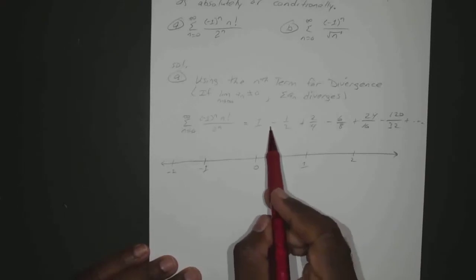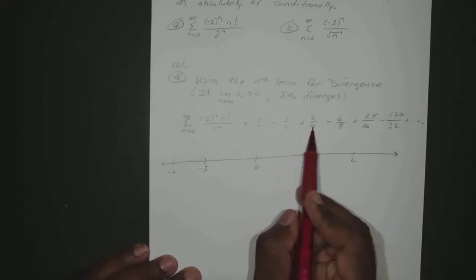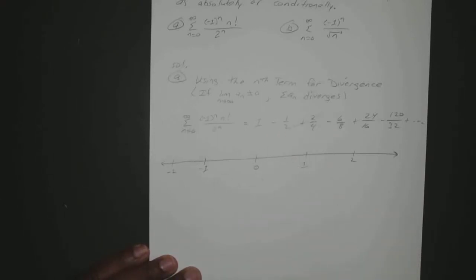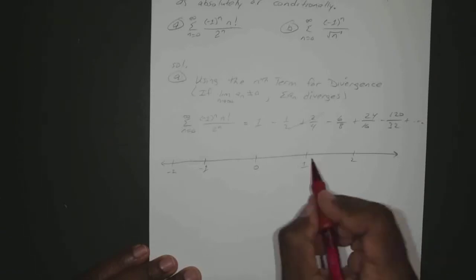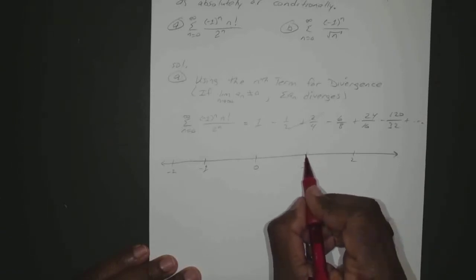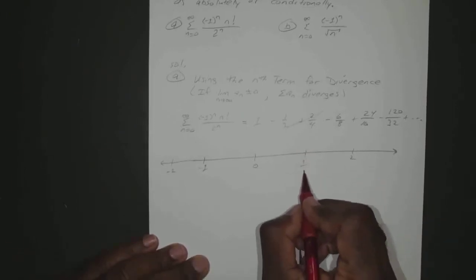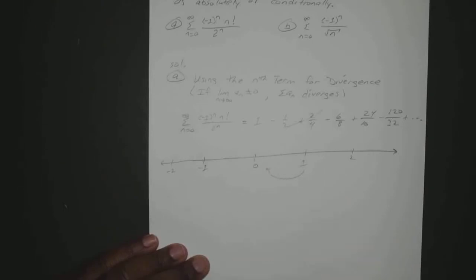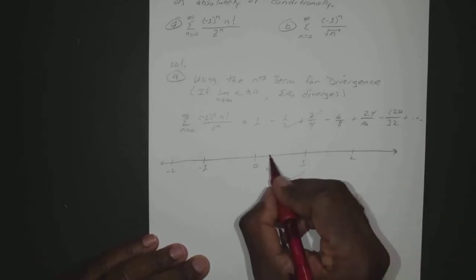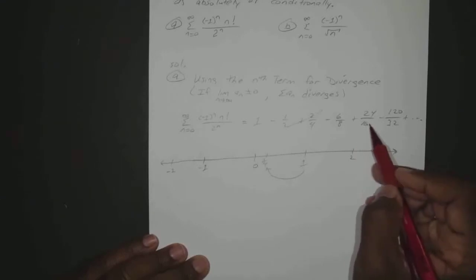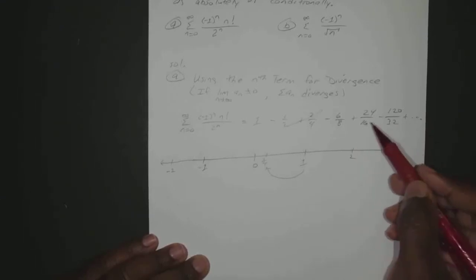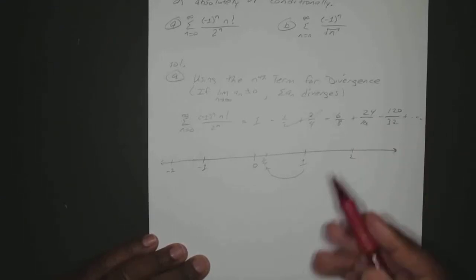Okay. So this is minus 1/2 plus 1/2, so these two just knock each other out. Right now you're at 1. Minus 6 over 8, which is minus 3/4. So 1 minus 3/4 is 1/4. So you go from 1 to 1/4. Plus 24 over 16, which reduces to 1 1/2.